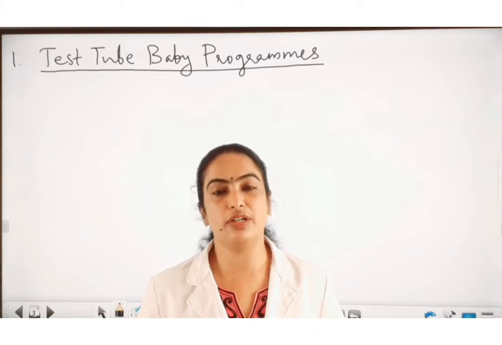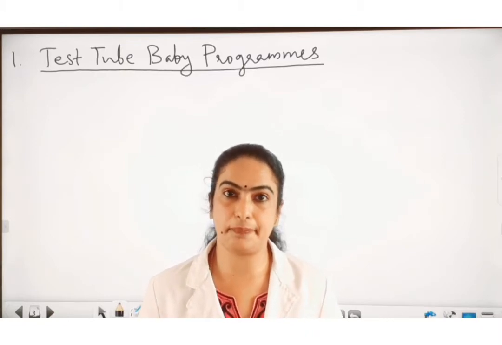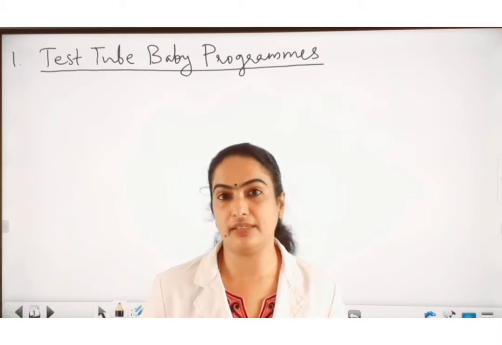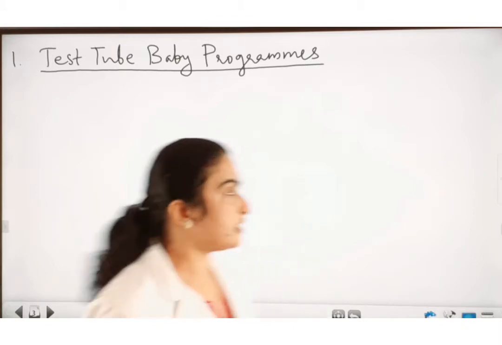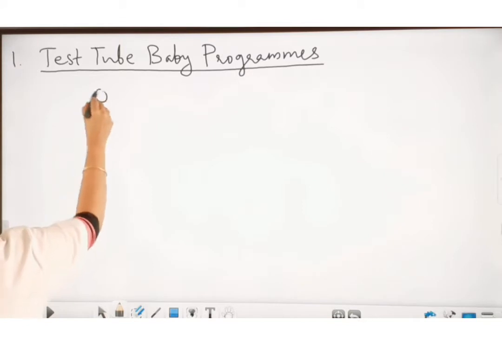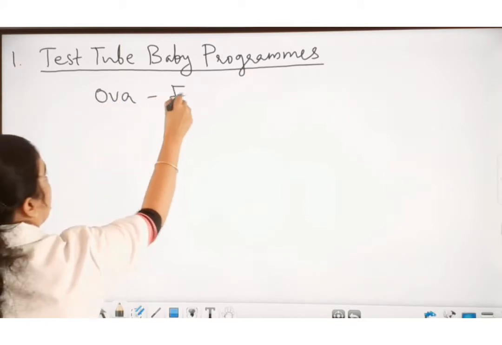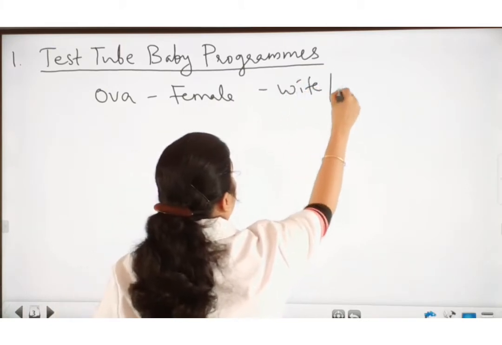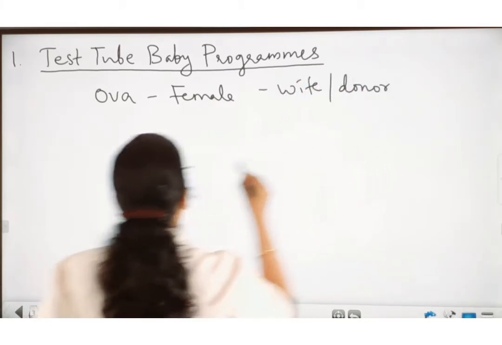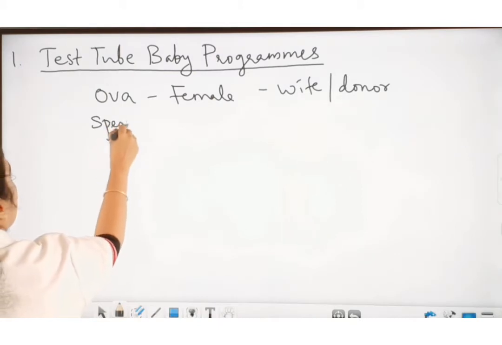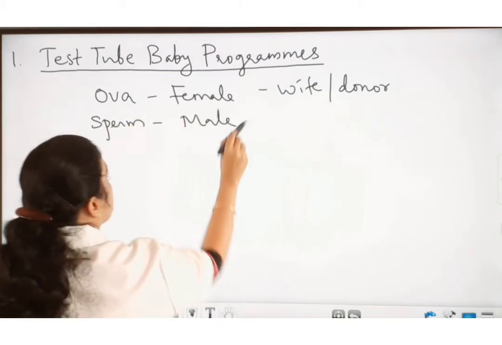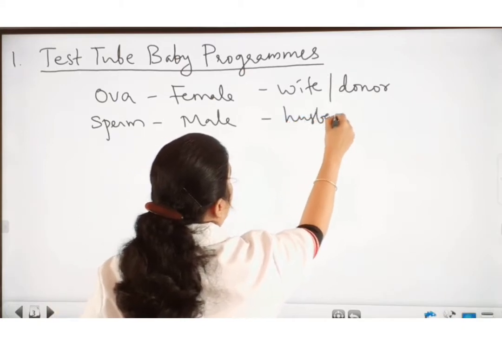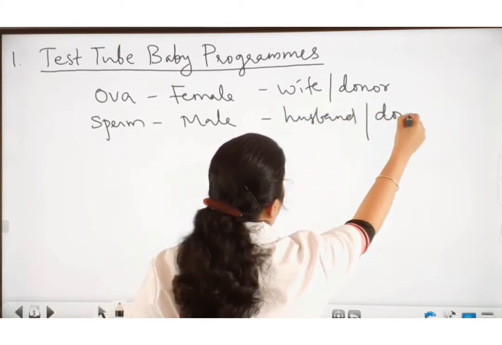In this method, the ova from the female are selected or collected. The ova from the female may be wife or donor, and sperm from the male can be collected. The male may be husband or a healthy donor.